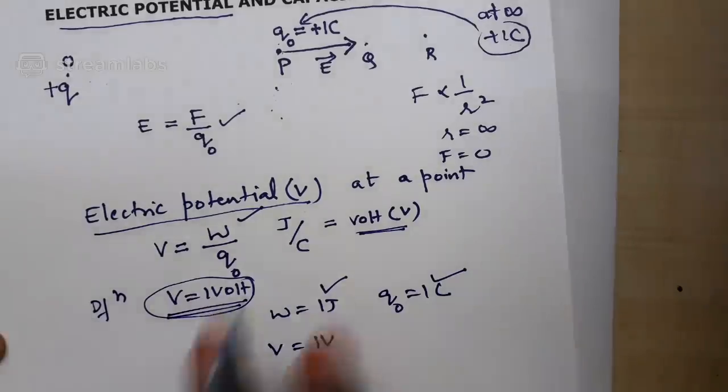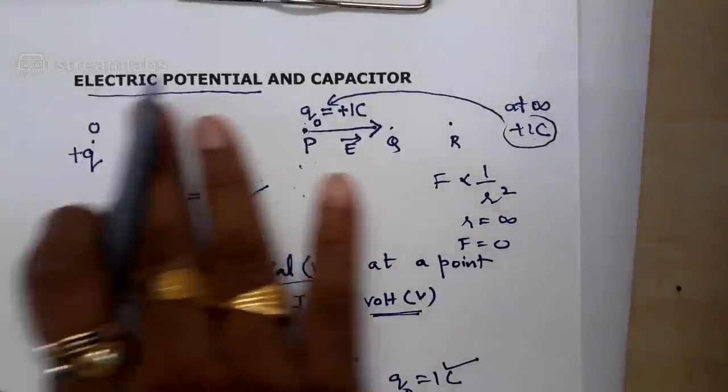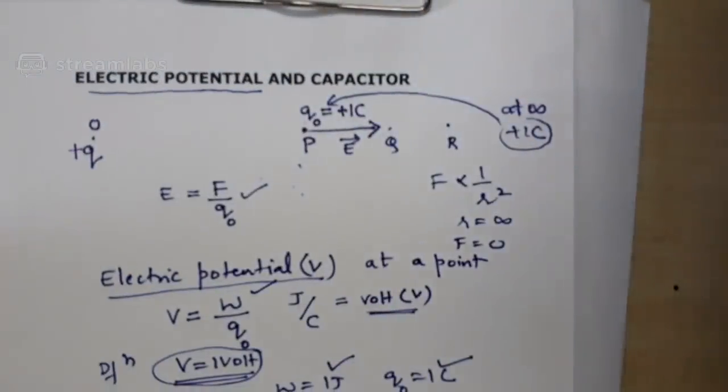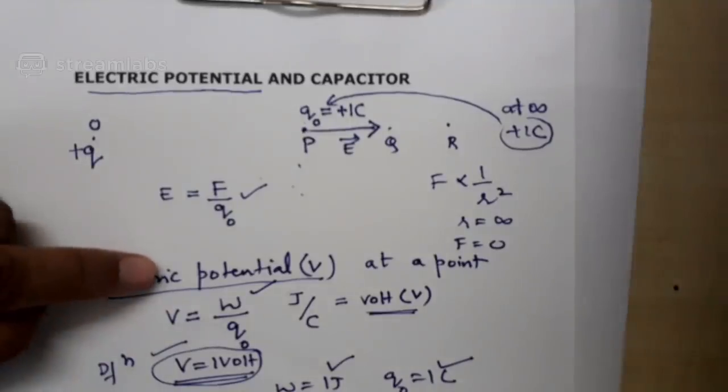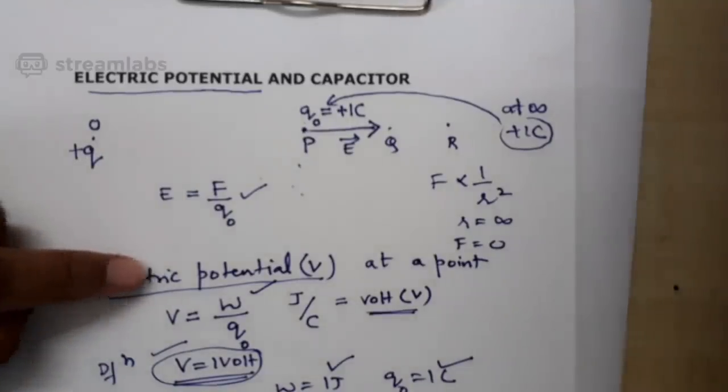That means whatever I have explained till now in this chapter called electric potential and capacitor, you need to remember two things. One is the definition of electric potential at a point, and one more is the definition of electric potential at a point as 1 volt. Let me recall those two definitions once before I proceed.